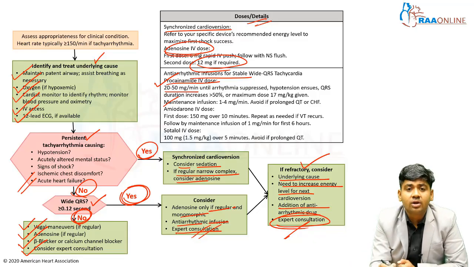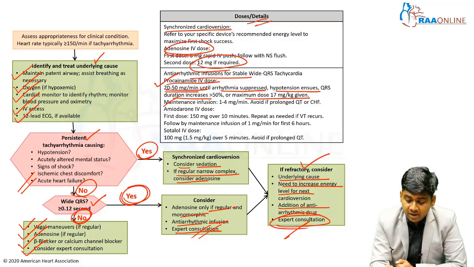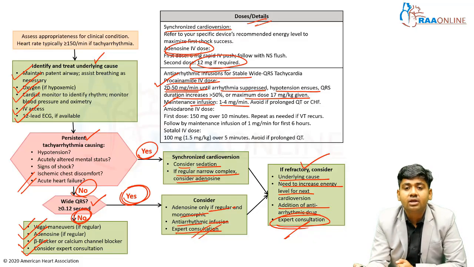Procainamide is given at 20 to 50 mg per minute until the arrhythmia is suppressed, hypotension ensues, or QRS duration increases by more than 50%, and the maximum dose is 17 mg per kg. Maintenance infusion is 1 to 4 mg per minute. Avoid if prolonged QT or chronic heart failure. If the patient has prolonged QT or congestive cardiac failure, you have to avoid this drug.